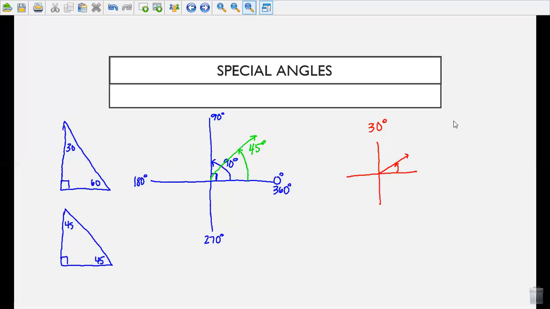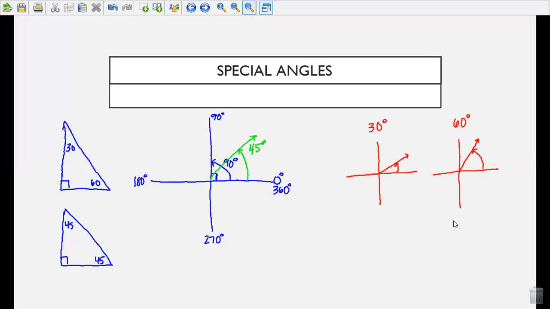For 60 degrees, 60 is twice 30. I go up another 30, but it has to be more than 45, more than half, and then draw a ray, and there's my 60-degree angle.